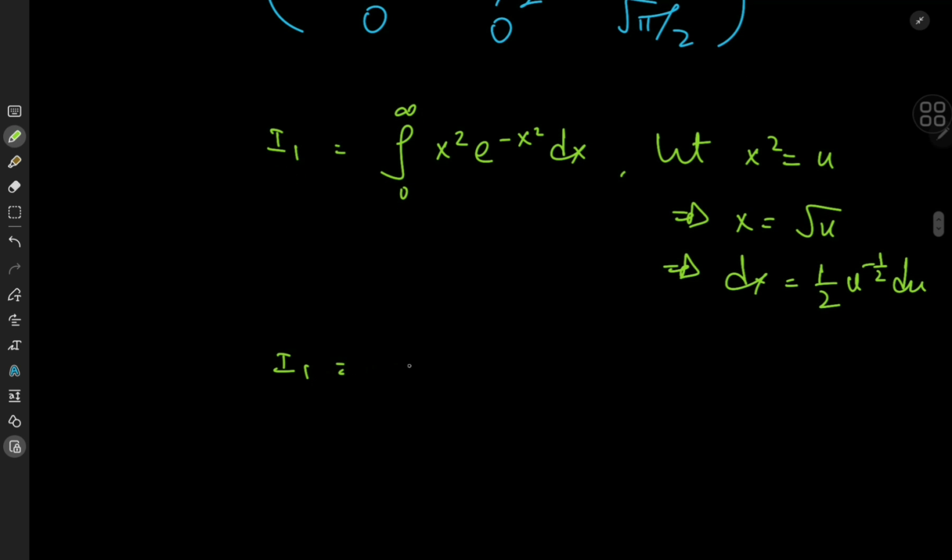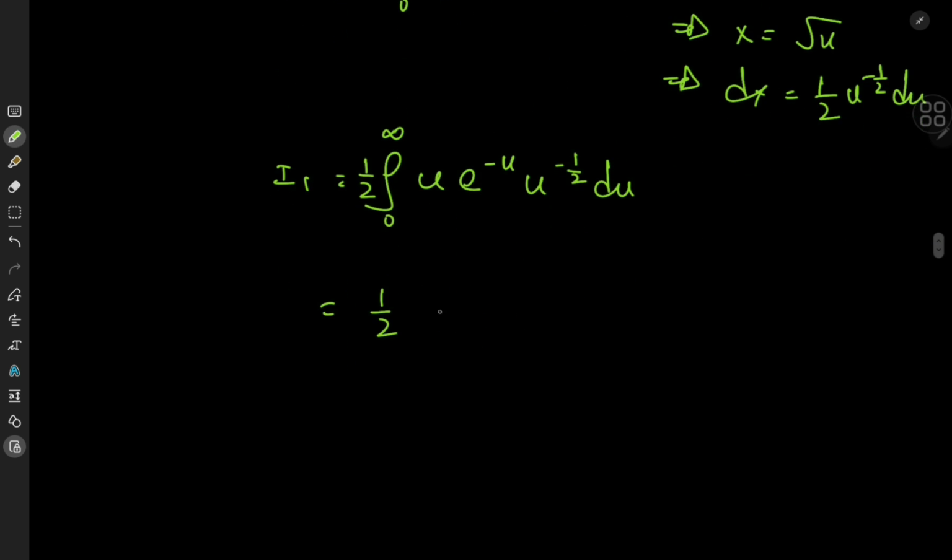And the limits of integration are clearly not bothered, so I sub 1 in the u world is 1/2 the integral from 0 to infinity of u times e to the negative u times u to the negative 1/2 du.